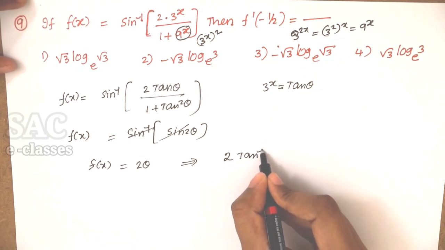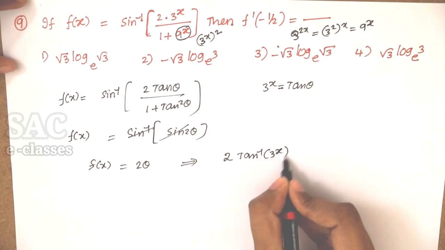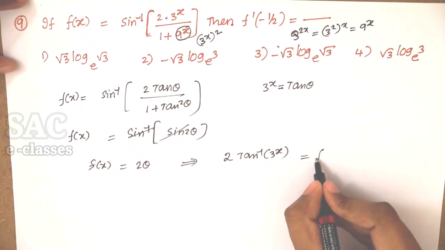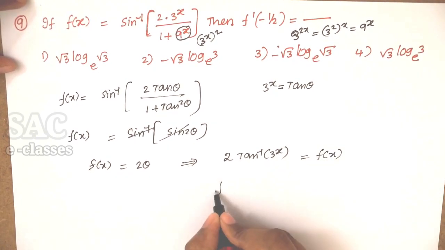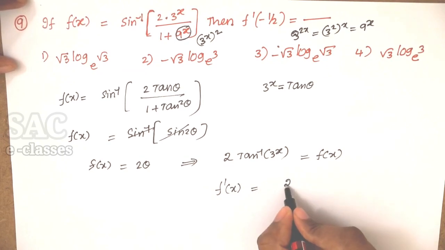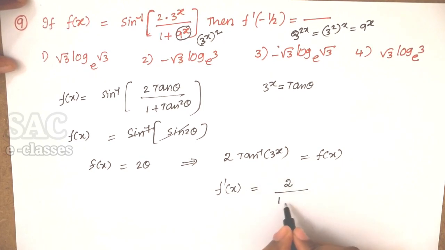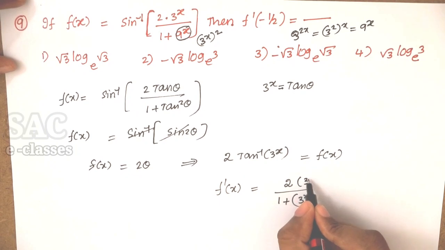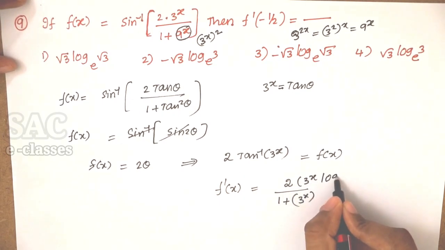Tan inverse 3 power x, which is equal to f of x. Go for the differentiation. f dash of x is 2 times the derivative of tan inverse, which is 1 by 1 plus x square, but here not x, here 3 power x is there, and 3 power x differentiation is 3 power x log 3 to the base e.